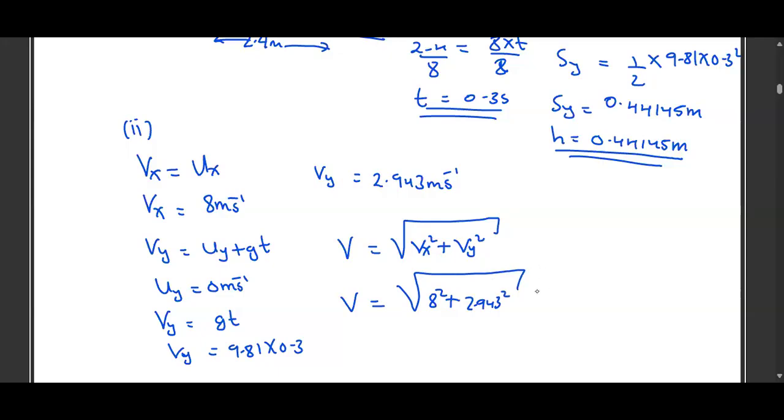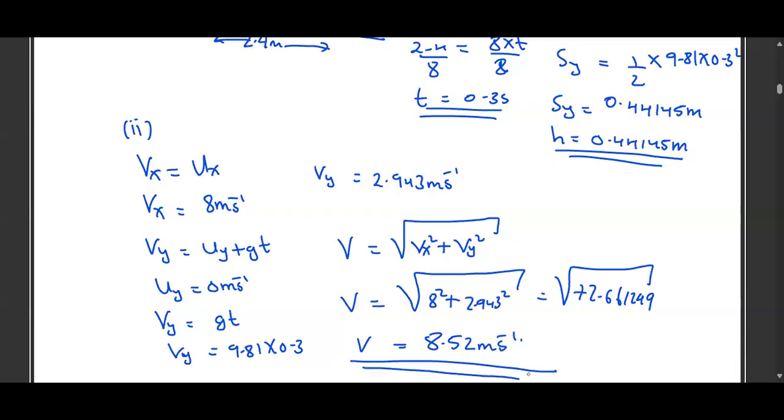I'm getting V as the square root of 72.61249, and when you take the square root, we are getting V as 8.52 meters per second. This will be the velocity with which this ball is going to hit the ground. That is Roman numeral 2.